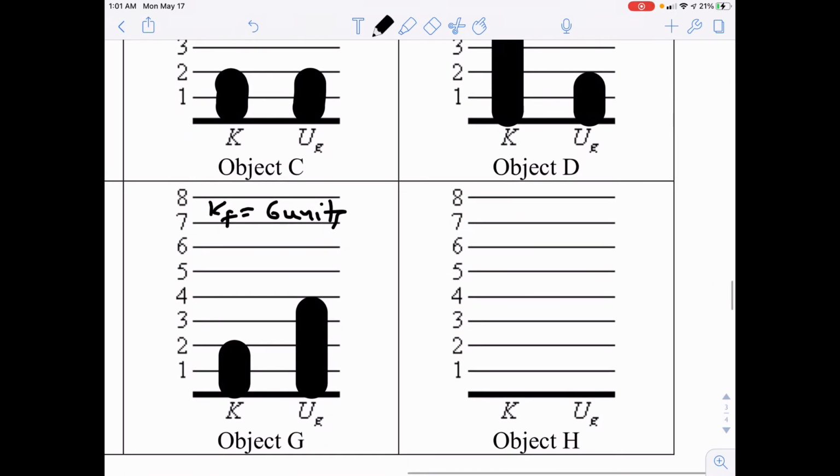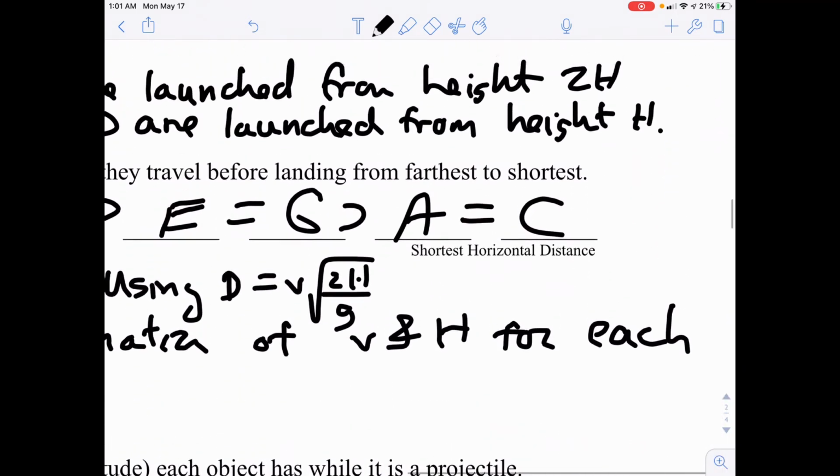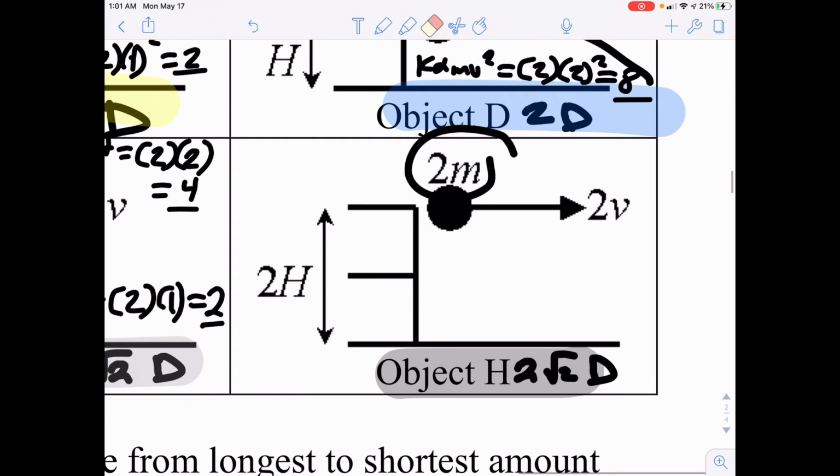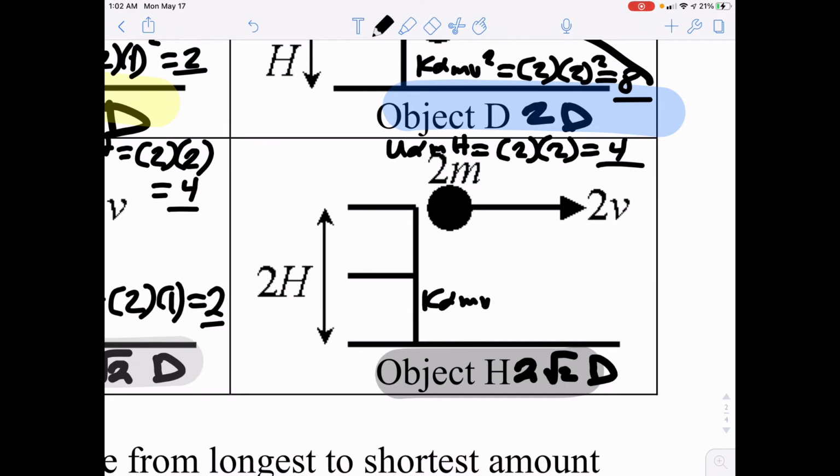And lastly, object H. Let's take a look at object H. Potential energy equal to mH, which has 2 mass units and 2 height units, which means we're 4 times greater potential energy than object A. Kinetic energy is proportional to mv squared.